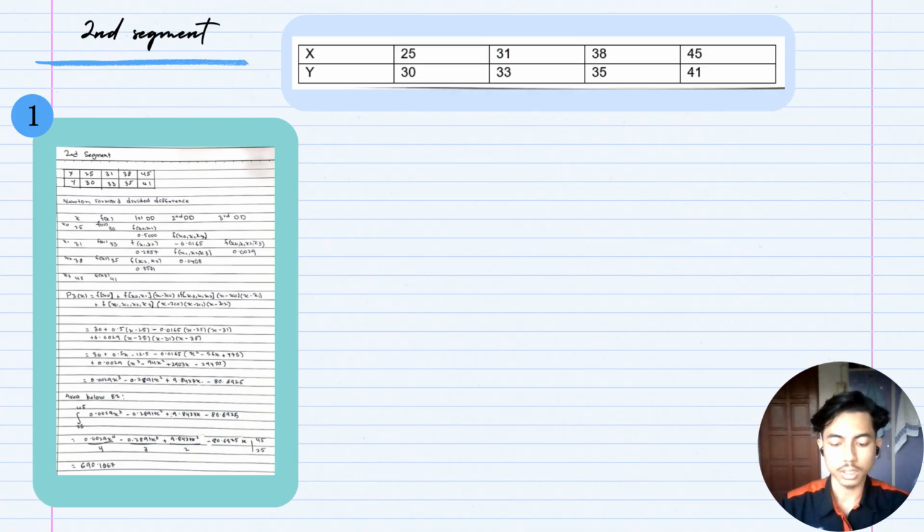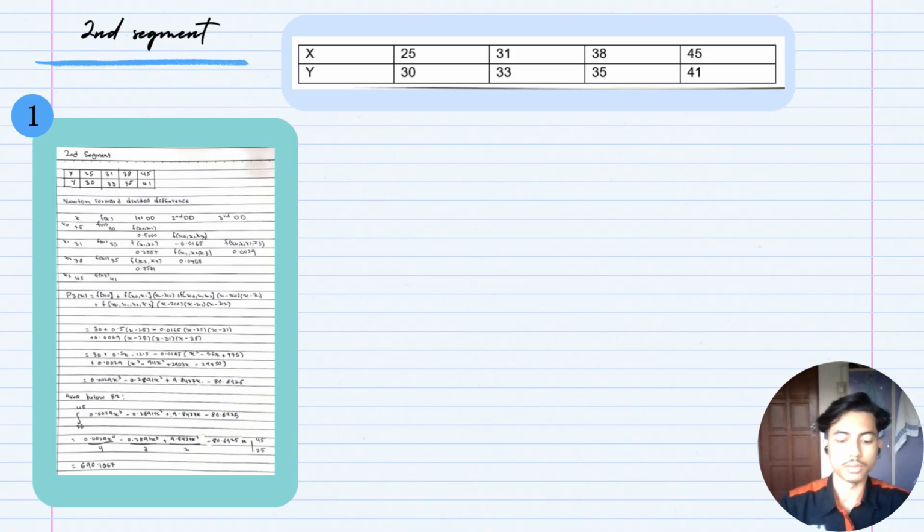For example, 33 minus 30 divided by 31 minus 25 equals 0.5. And the latter, 35 minus 30 divided by 38 minus 31, we get 0.2857. And also the same for the rest of the first divided difference.